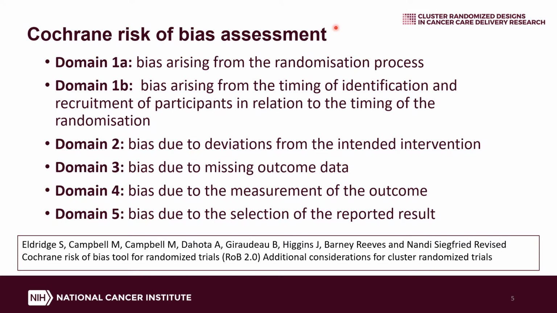Domain 1B is concerned with biases arising from the timing and identification of recruitment of participants. Domain 2 is around biases due to deviations from the intended intervention. And domain 3, biases due to missing outcome data. Domain 4, bias due to the measurement of the outcome. And domain 5, biases due to the selection of the reported result.